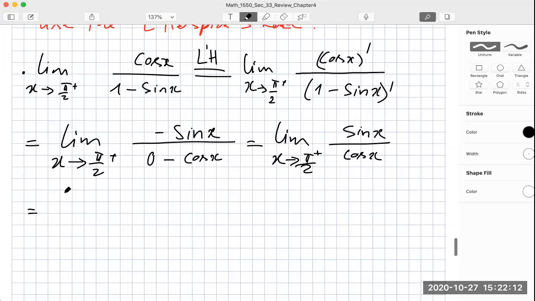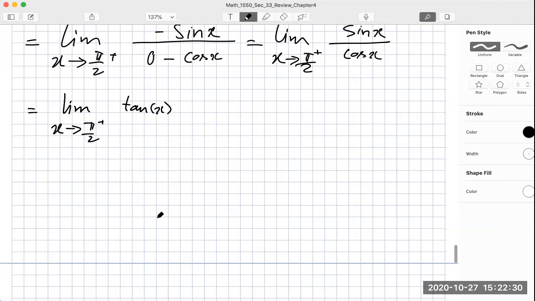Or we can write it as the limit when x approaches pi over 2 from the right-hand side of tan of x, right? Then this point, it is tricky. So can you guess where it is approaching to? Any guess?